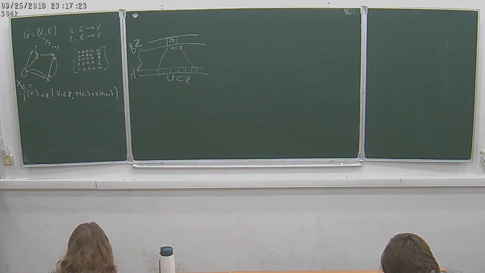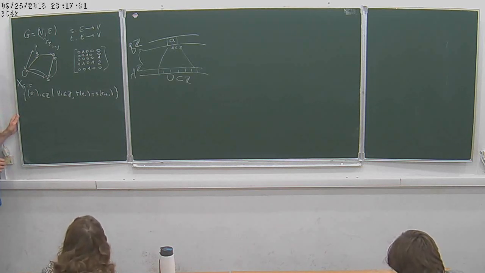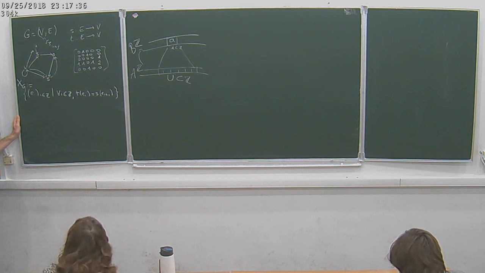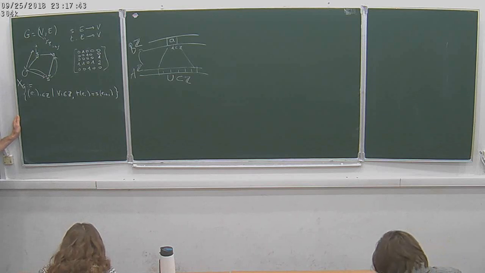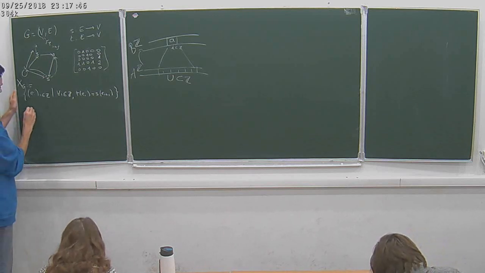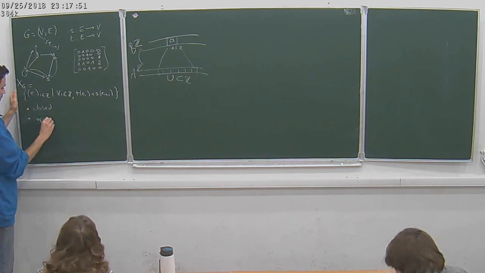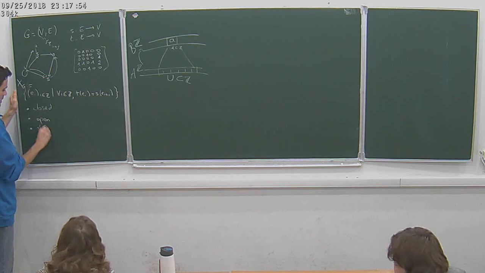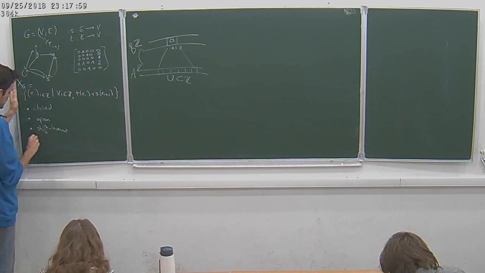Think like open and periodic. Clopen and periodic. Yes. So you're saying three things: closed, open, and periodic. So maybe we can go to shift invariant. Shift invariant. Okay. Closed, open, shift invariant, periodic.